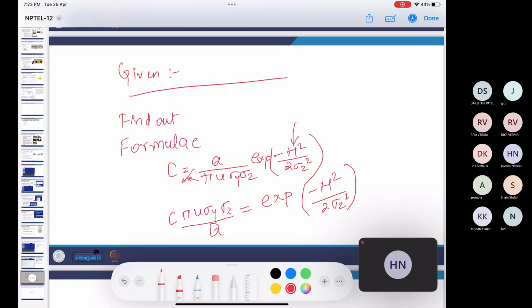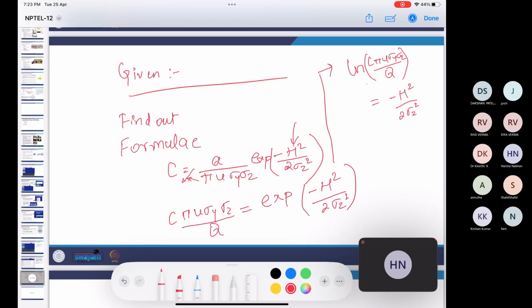Now, to simplify it further, we'll take the natural log on both sides. So ln of C pi u sigma y sigma z divided by Q equals minus h square divided by 2 sigma z square.